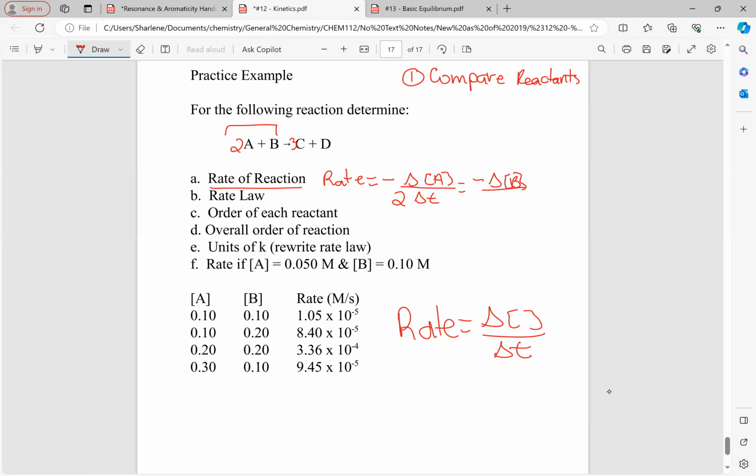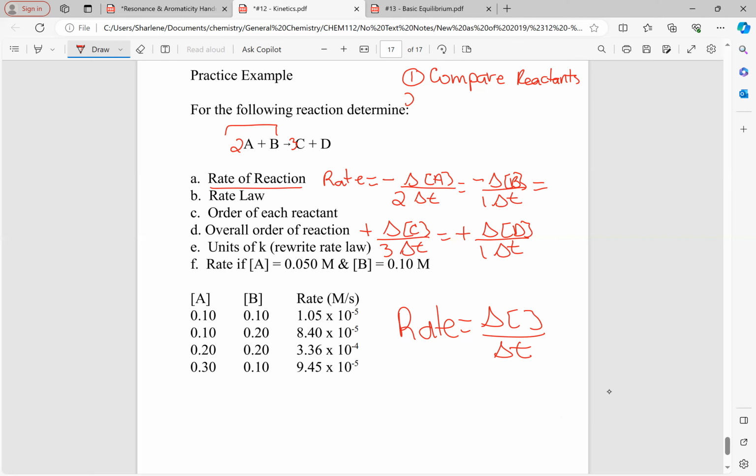Over the change in T, and its coefficient happens to be 1, equals, this is positive because it's a product, over delta T, but it's appearing 3 times as fast. And D, whose coefficient is 1.